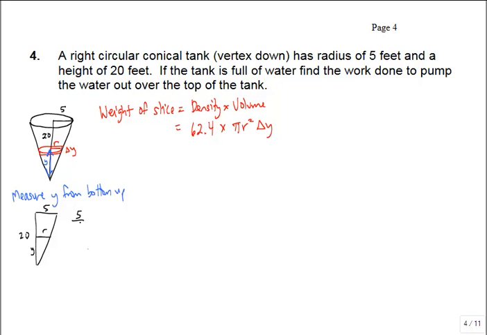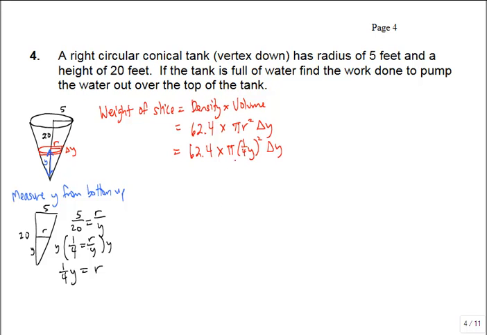So 5 to 20 has to be in the same proportion as r to y. If I simplify this, 5/20 is 1/4. And if I multiply my y to the other side, that tells me that 1/4 y is equal to this radius. So instead of using r, I'm going to replace it with 1/4 y. That way I'm only using one variable, and it's consistently a y throughout the problem.